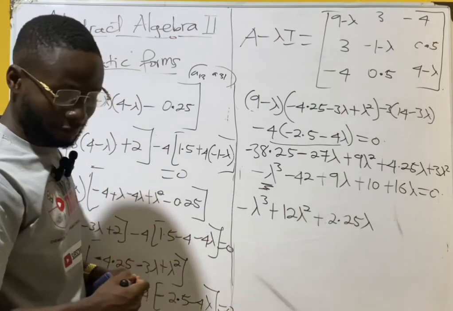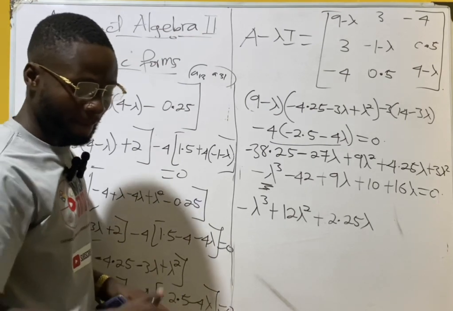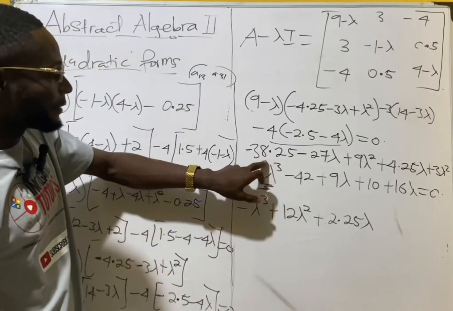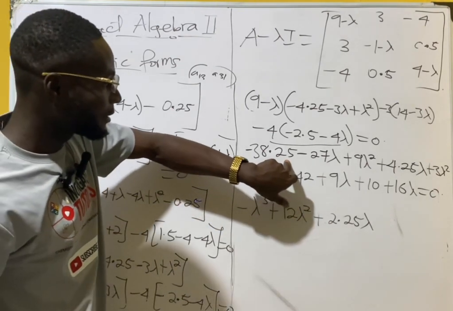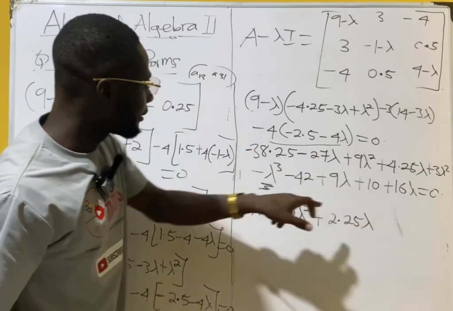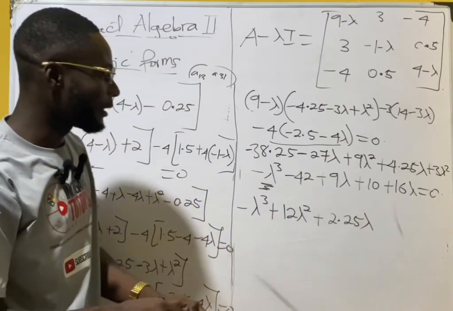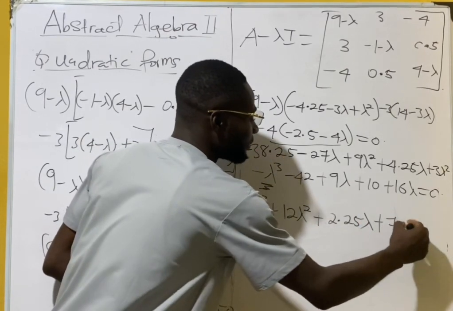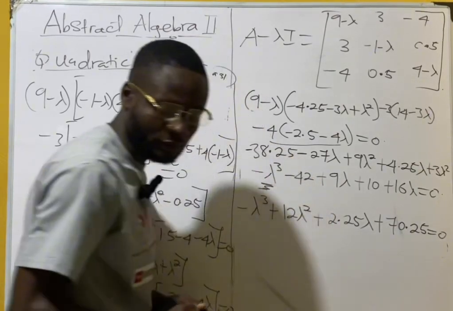And minus 38.25 minus 42 plus 10 becomes minus 70.25, equals what? 0.